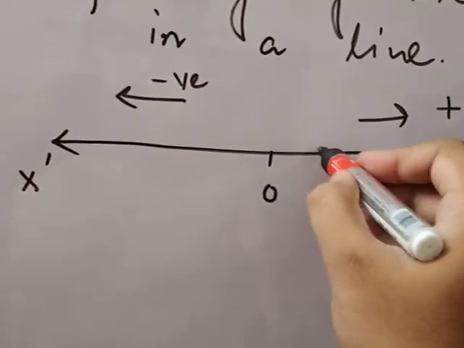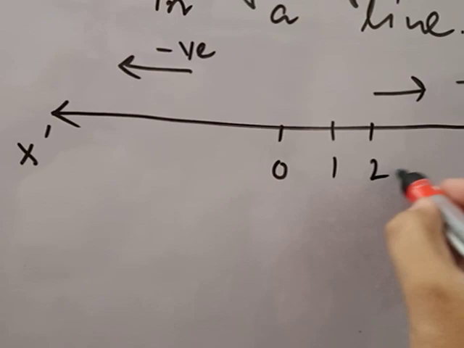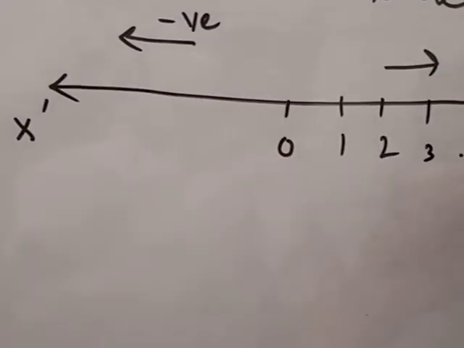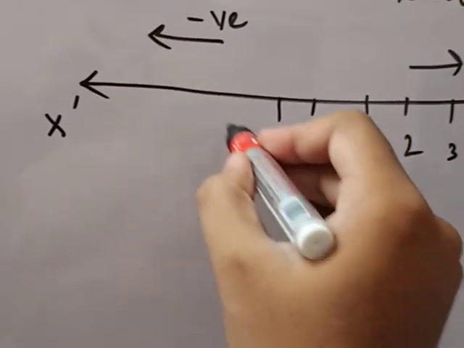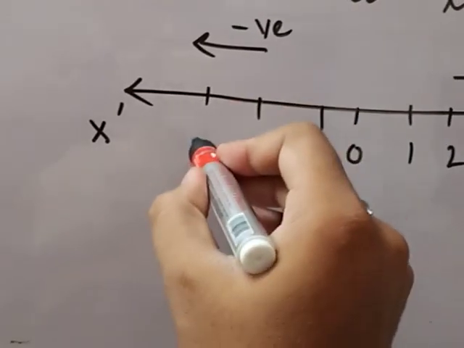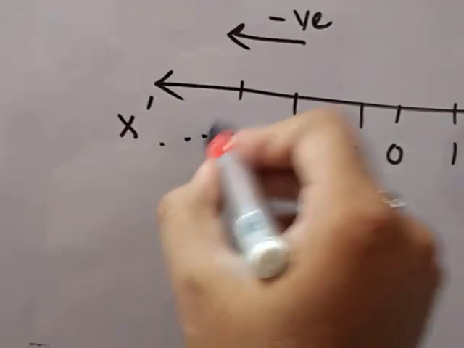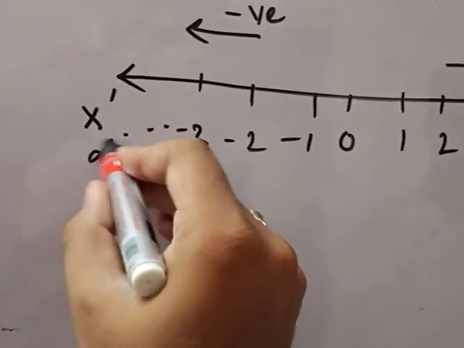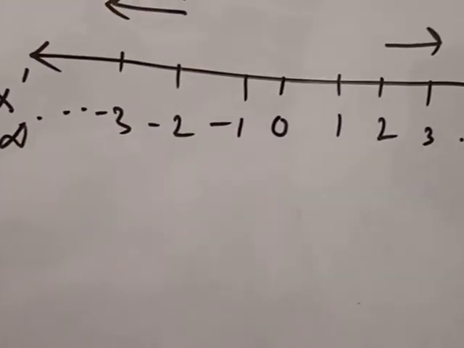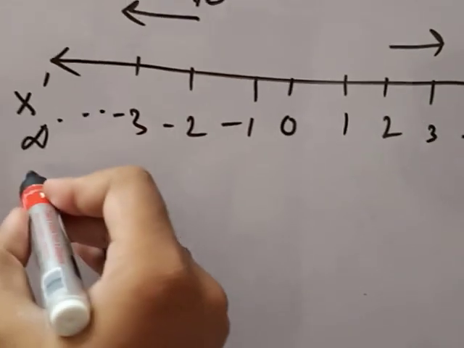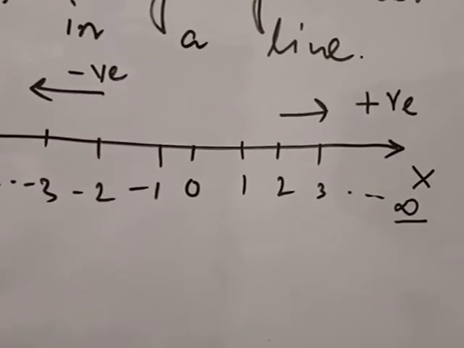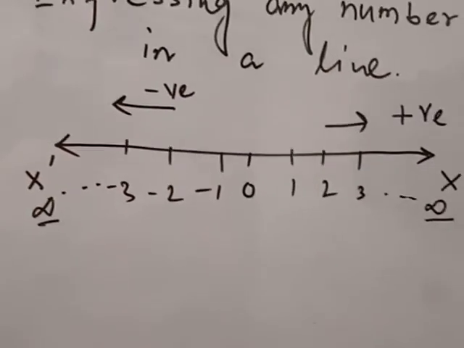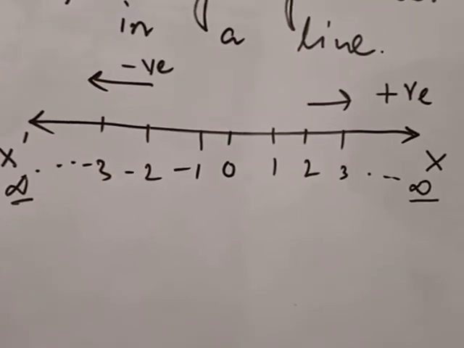So for example 1, 2, 3 and so on, and -1, -2, -3 and so on up to infinite. Infinite means the number is unknown number. You can extend the number line up to infinite number.